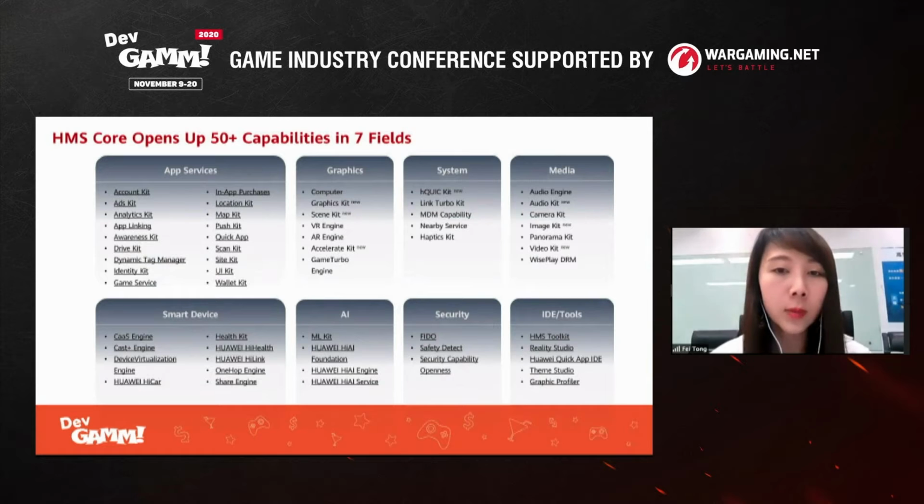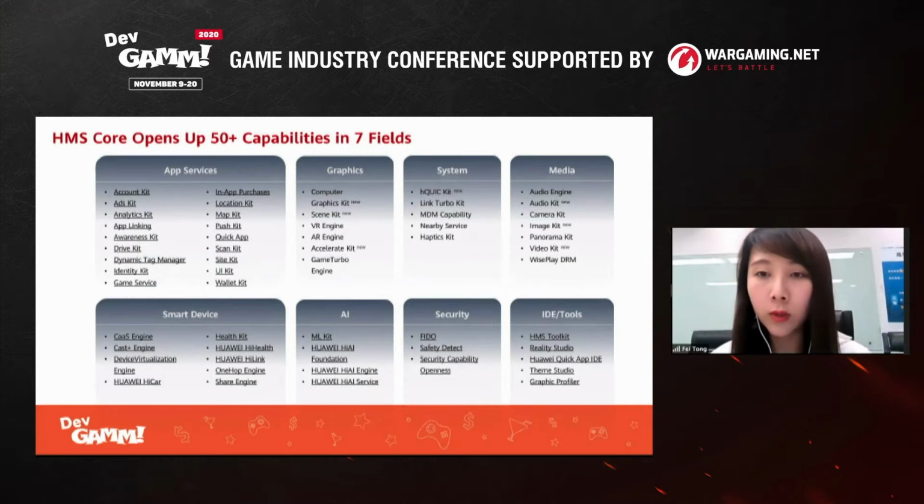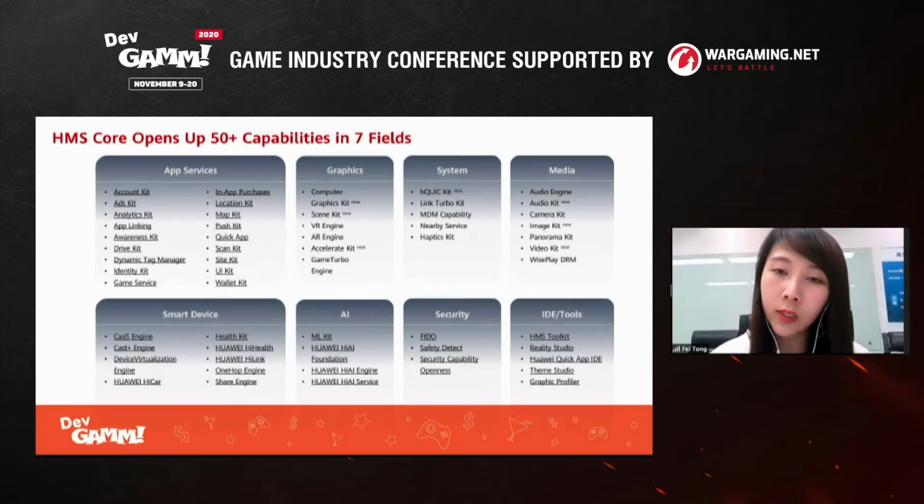Another domain is smart device. It is for the interaction between multiple devices. AI is quite a hot topic everywhere, and it could also work for each vertical industry, especially for games. Security is to guarantee your app is working in a safe environment and protect your data. Meanwhile, IDE and tools make your development, integration, and testing easier.